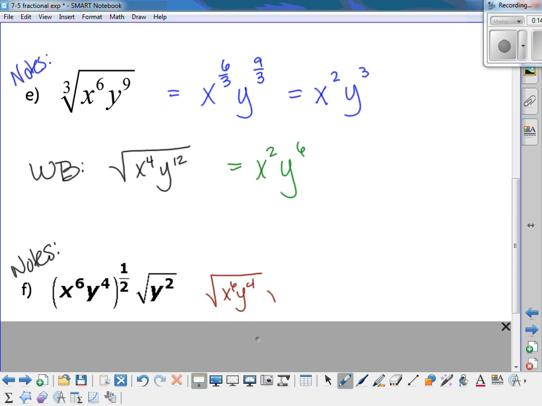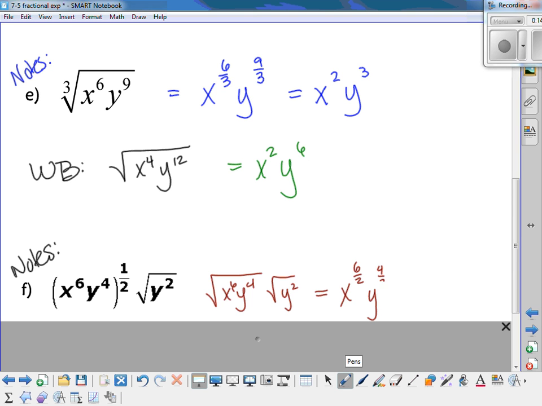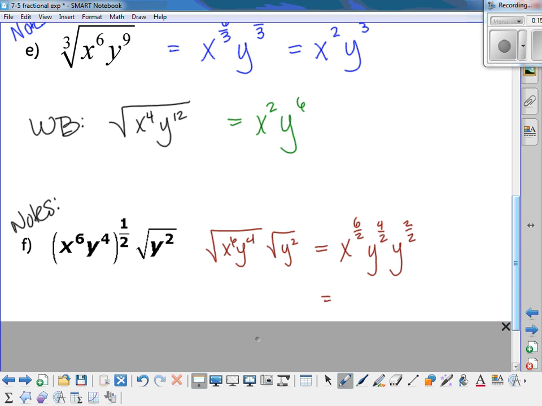And then I have the square root of y squared. So what is half of 6? Right, so basically you're dividing each of them by 2, right? So half of 6 is 3, half of 4 is 2, and half of 2 is 1. And so then you combine your y's and you get x cubed, y cubed.